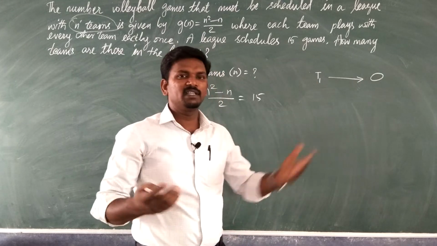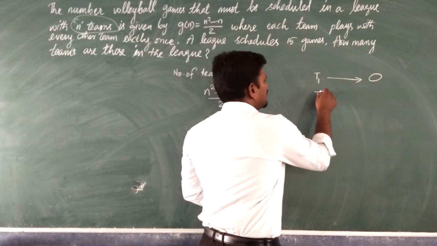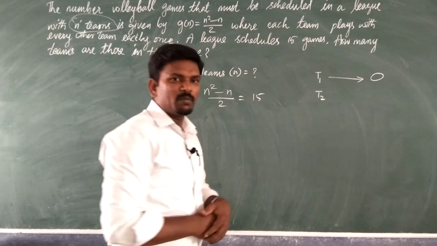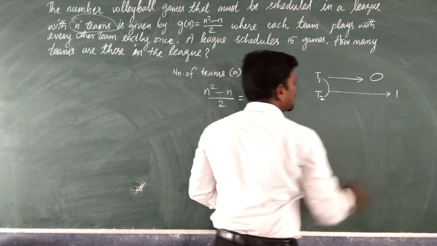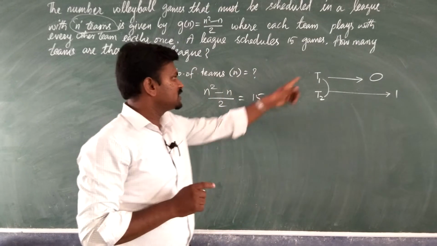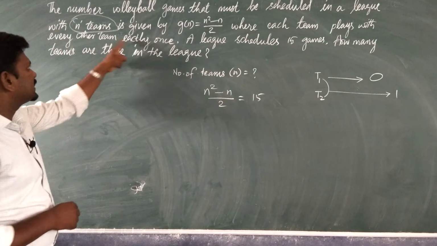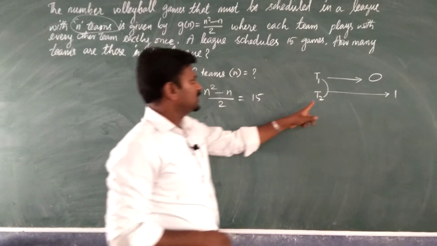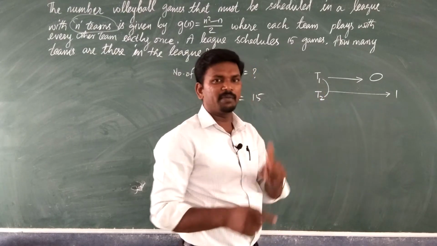So they are waiting for the opponent. If one more team comes, they can play one match, because each team plays with every other team exactly once. With the same team we can play only one match.